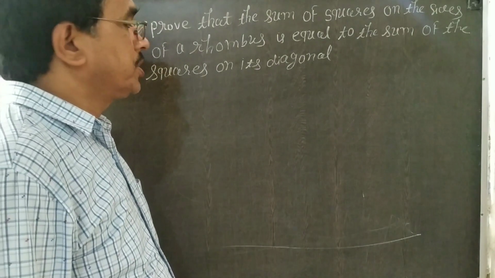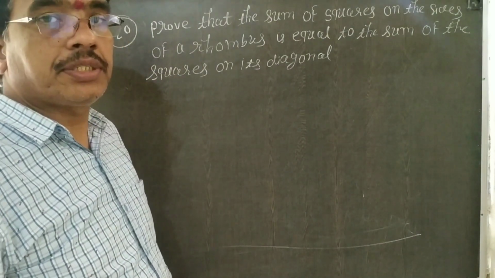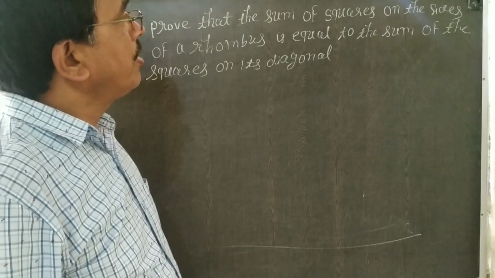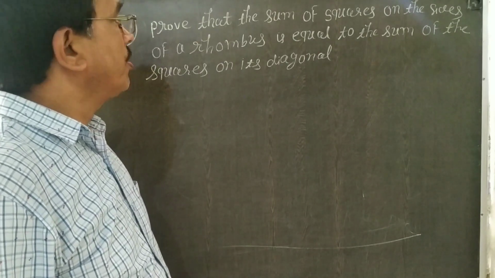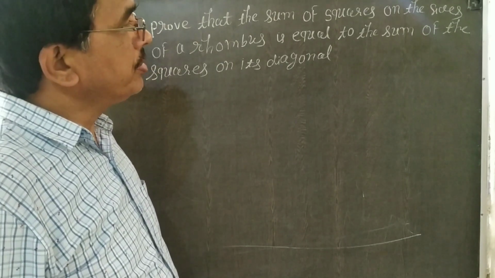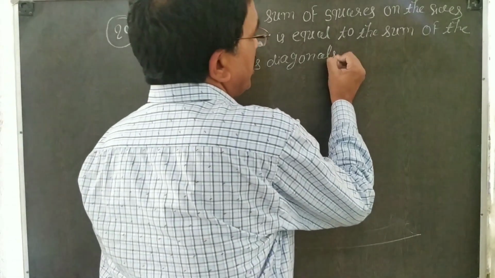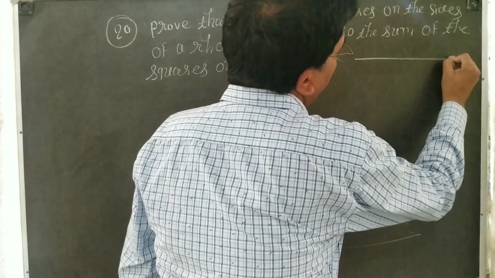Now see question number 20 of the examples of 7D. Prove that the sum of the squares on the sides of a rhombus is equal to the sum of the squares of its diagonals.